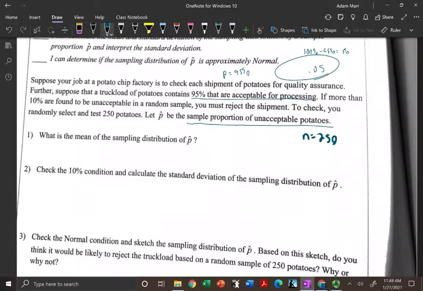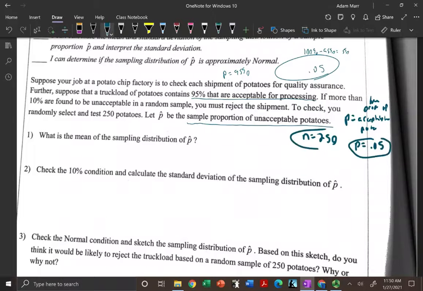Okay, so no problem. So it looks like my p is the true proportion of unacceptable potatoes. All right, so if 95% is acceptable, then right here my p is going to be 0.05.